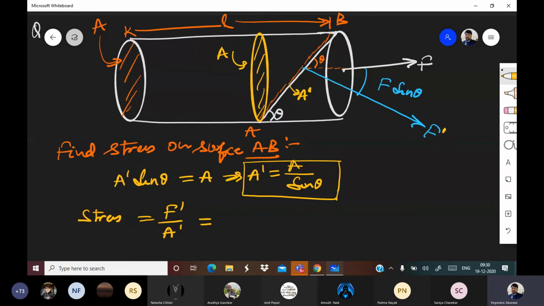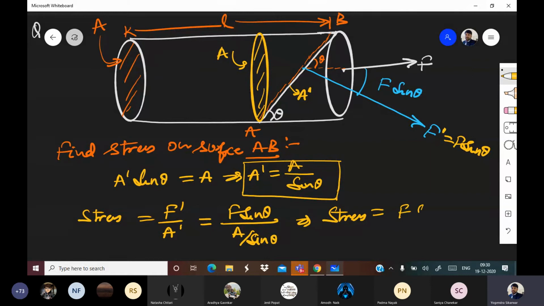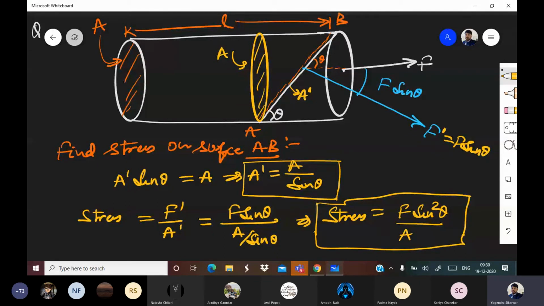F dash is F sine theta, upon A dash, which is A upon sine theta. So that becomes stress is equal to F sine square theta upon A. This is the answer.